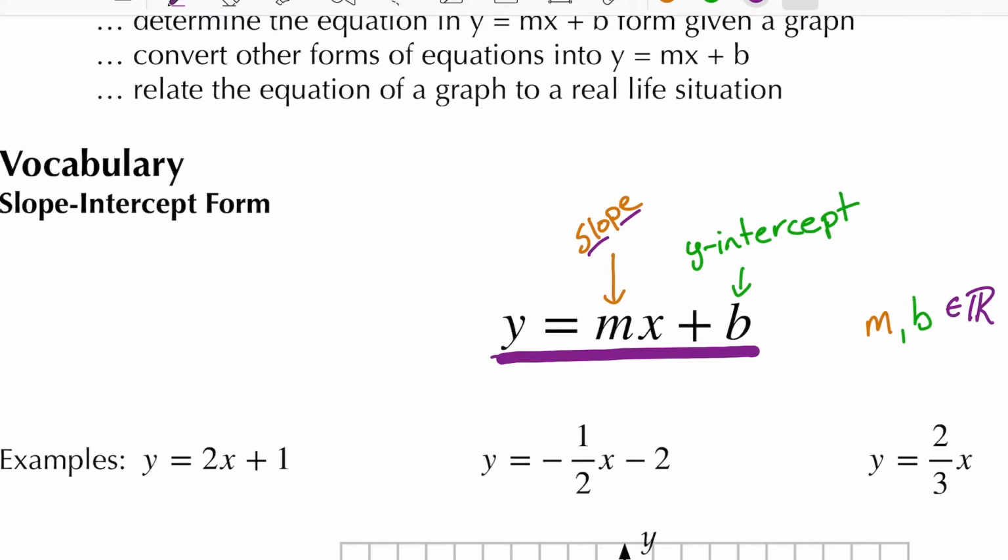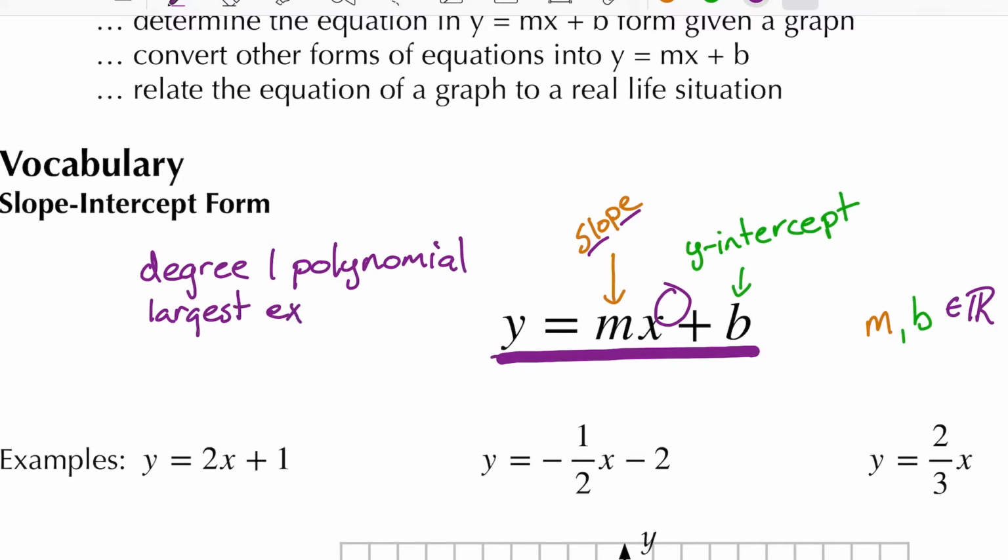The reason it's called a degree 1, it's a degree 1 polynomial, because the largest exponent on our variable is 1. And it's linear because it goes in a straight line.